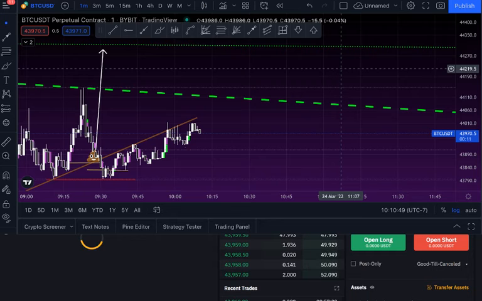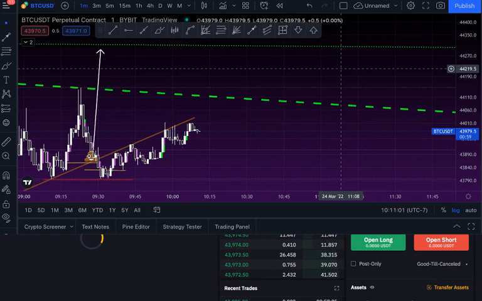Oh, that's not good. Already down 1%. Up 1%.